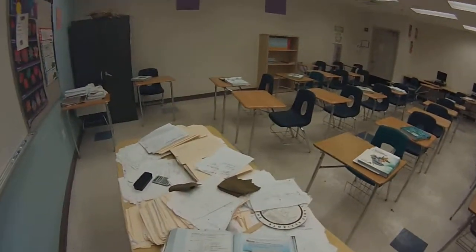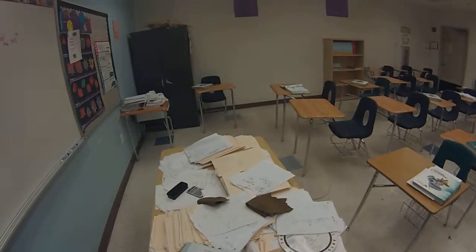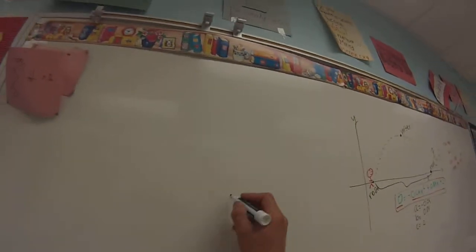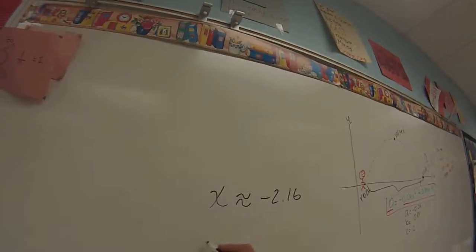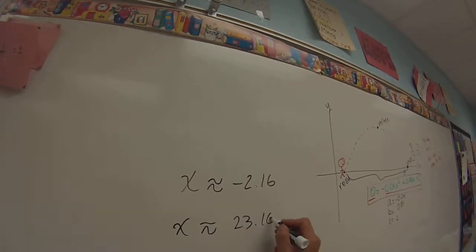You can look at the other videos. The final answer: remember the quadratic formula gives you two answers. One answer is negative, which we discard, because x is approximately negative 2.16. The other answer is positive, x is approximately 23.16.